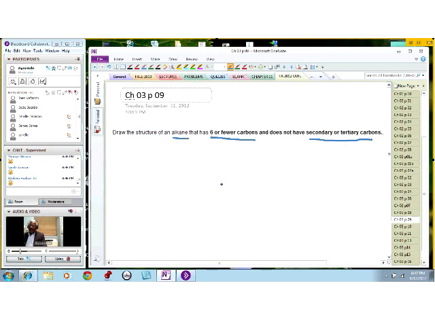So you could use any molecule that contains 6 carbons or less. Keep in mind, no secondary or tertiary carbon. That means you must only have primary or quaternary. That is what they are essentially telling you. The molecule must only contain primary or quaternary.